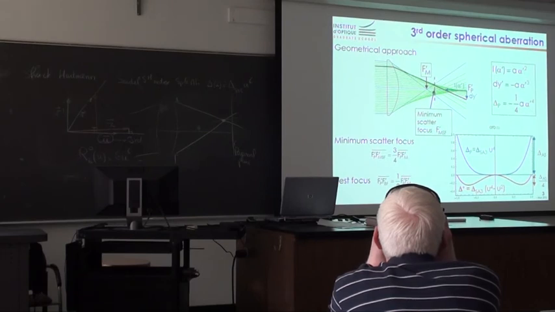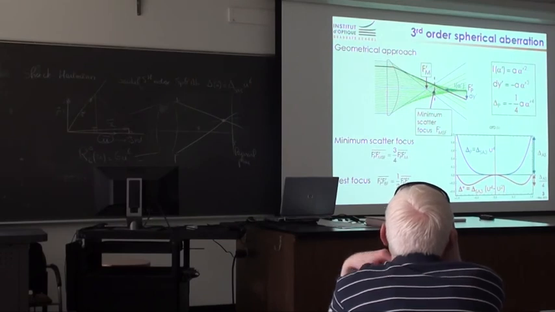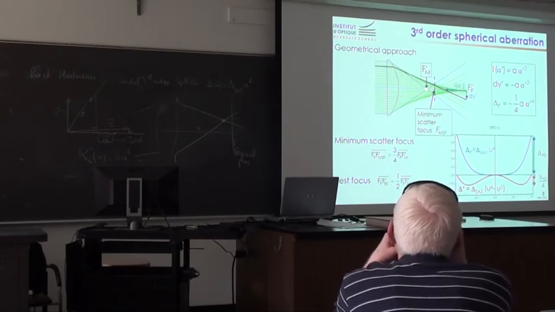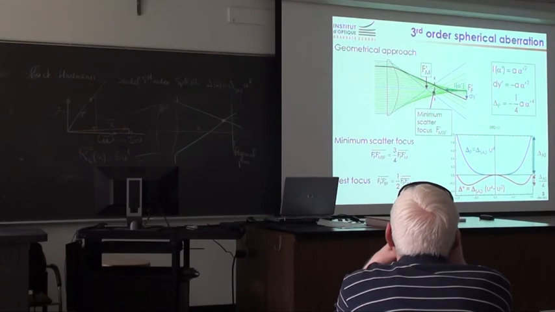This plane is called the minimum scatter focus. If you keep going this way, at some point you reach this point where the marginal rays cross each other. This is called the marginal focus. If you keep going, you have less and less light in the center, and basically you have a large brilliant ring all around.